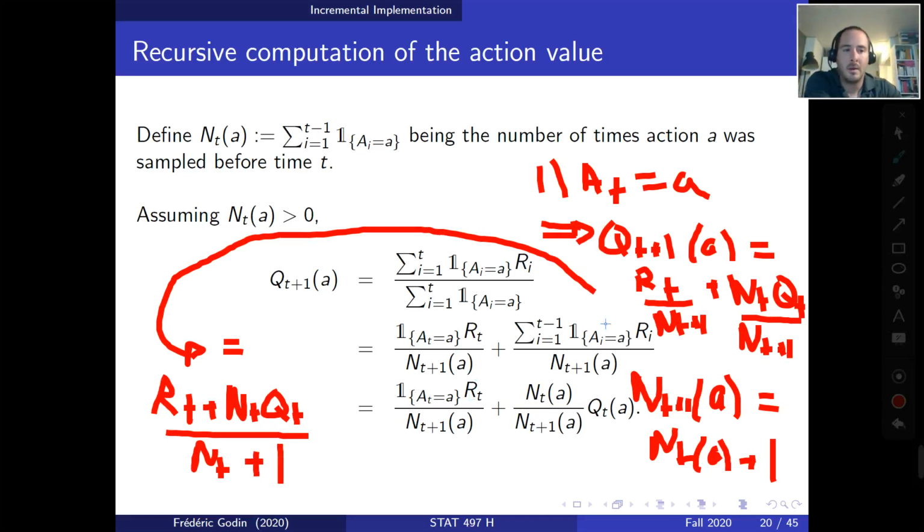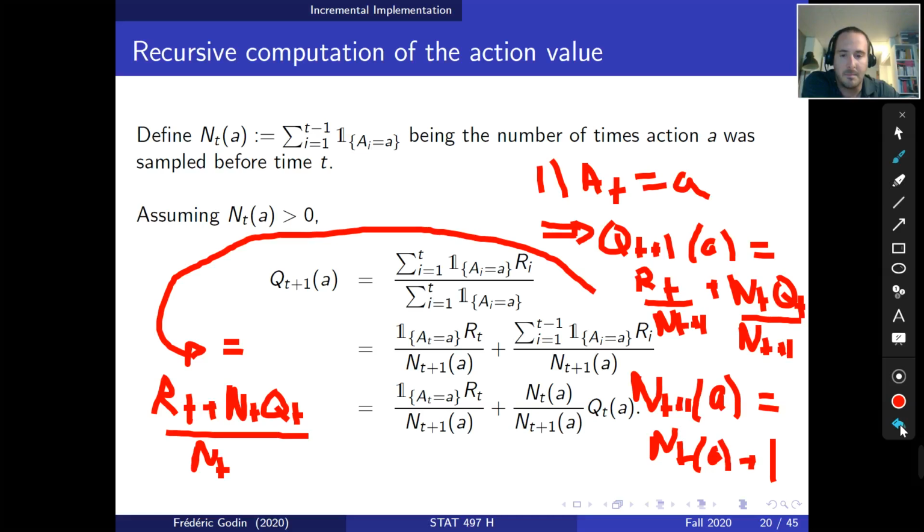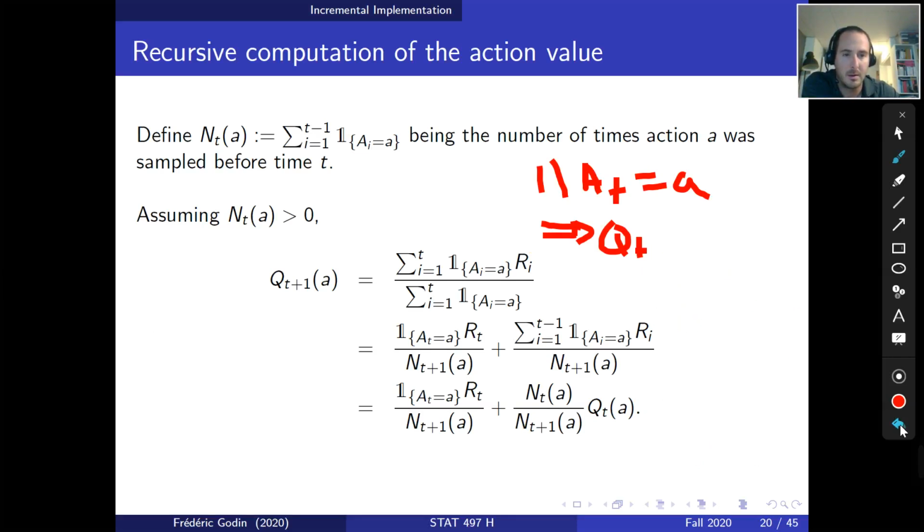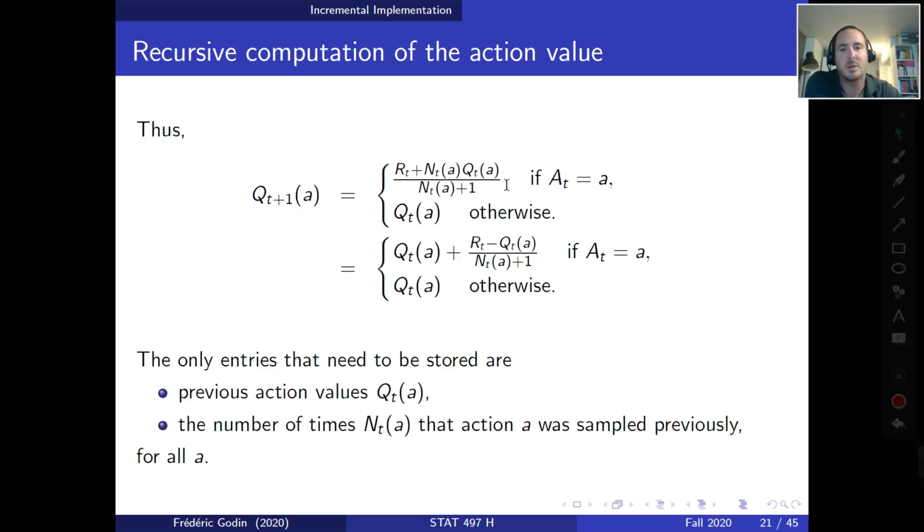Okay, so here we can take this formula and plug it on the next slide. Sorry for that, it's a bit long. So we can take this expression and put it here. We have that Q_{t+1} can be two things. If action a is selected at play t, this is the formula we just calculated.